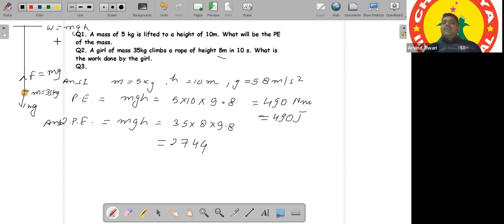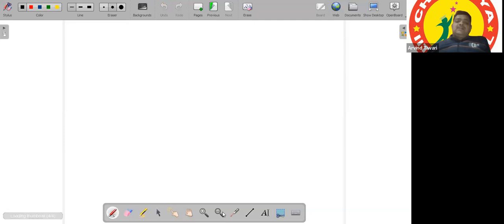Okay. So any doubts? I think everything is clear up to here. Now let's see another form of energy that we have to discuss, that is kinetic energy. This is also a form of mechanical energy.